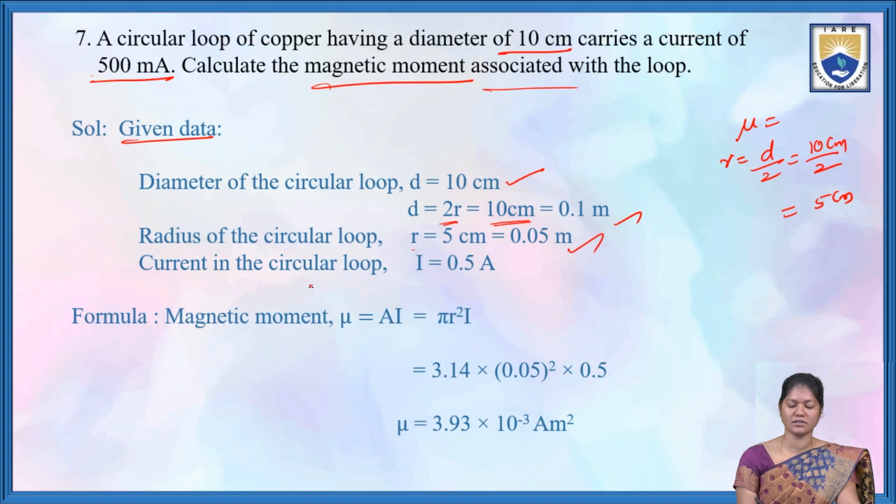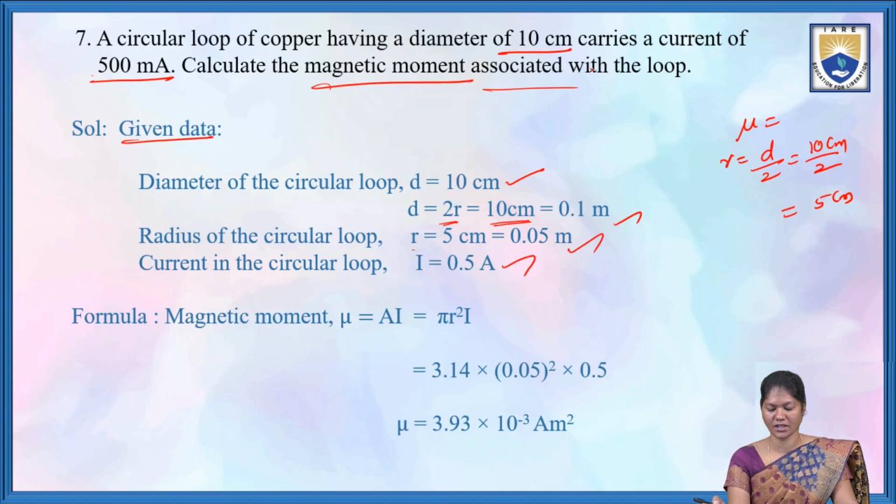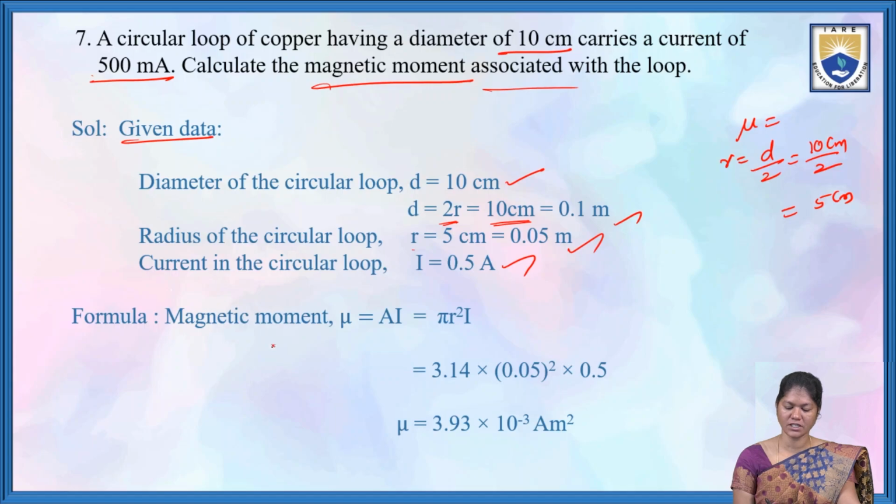Now current passing in the circular loop, I, is equal to 0.5 amperes. So magnetic moment mu is equal to A into I. A is the area of the loop and I is the current.